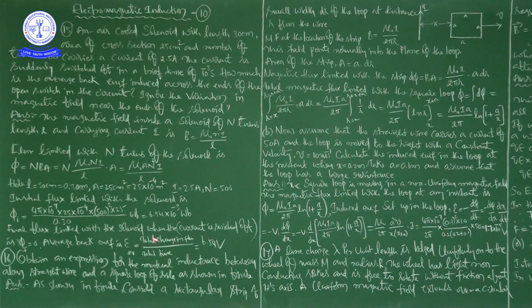The total time is 10 to the power of minus 3 given in the question. So, finally, we get the average back EMF as 6.54 volts. So, this is the 15th problem.